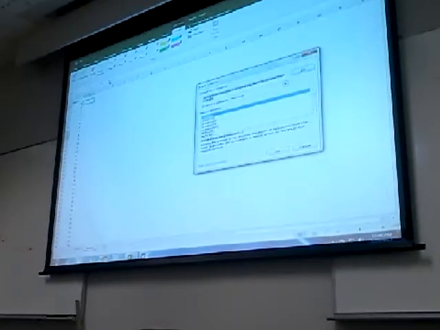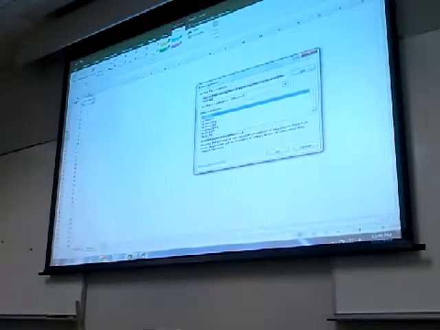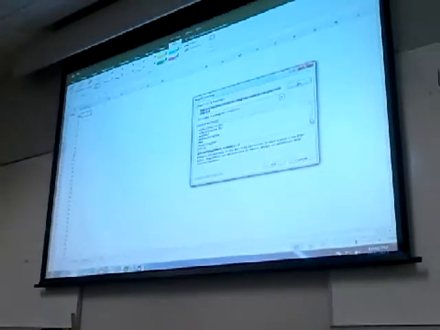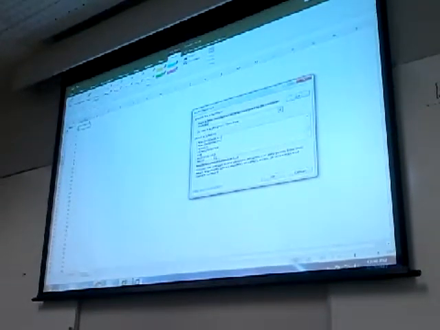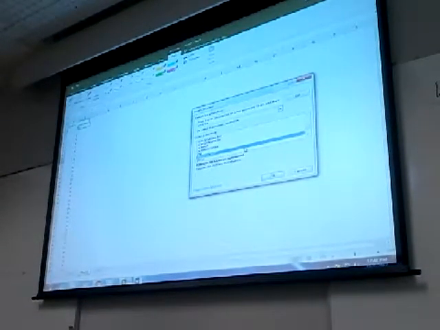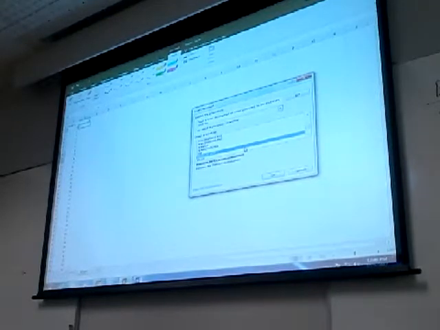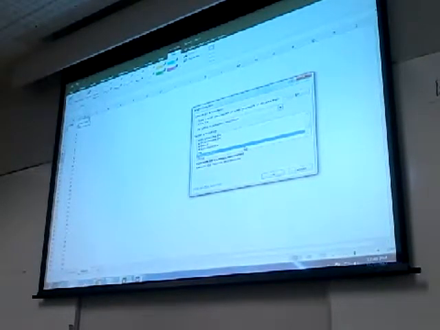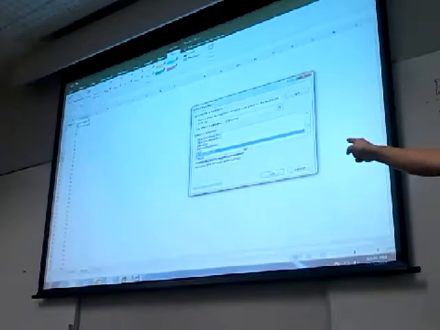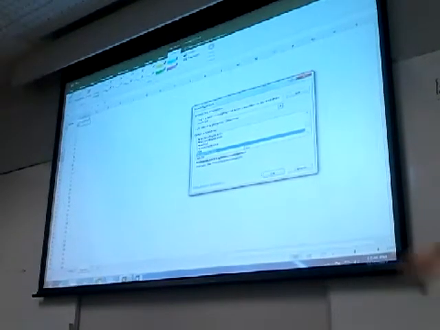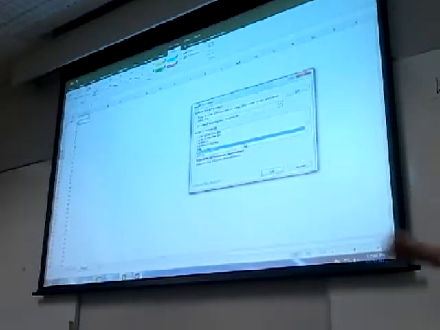Let me take a probability. Go to the function, statistical function, and we need a probability from the Poisson. Before we used the binom.dist for the binomial distribution. For the Poisson distribution, we have to use the Poisson.dist.